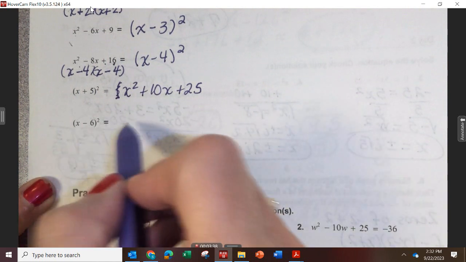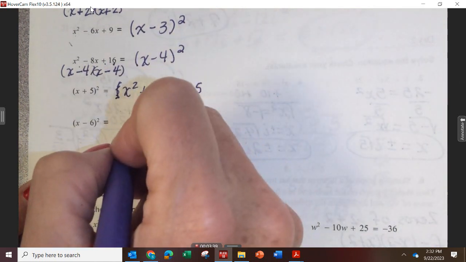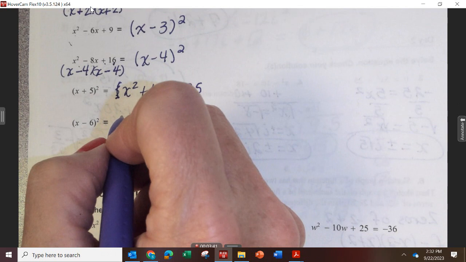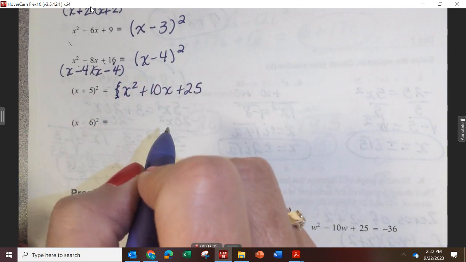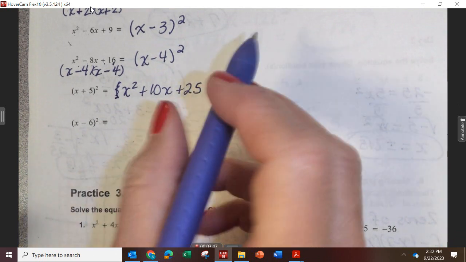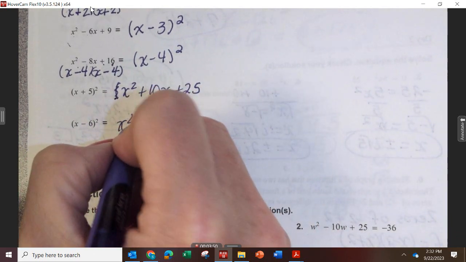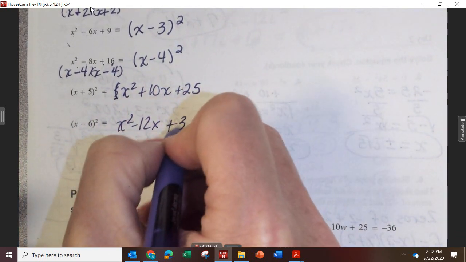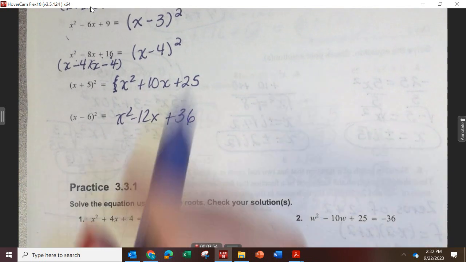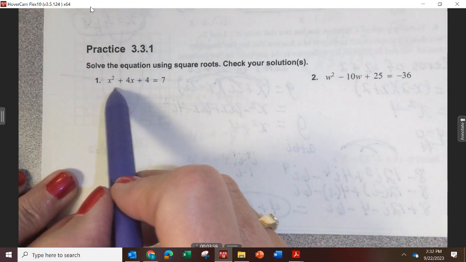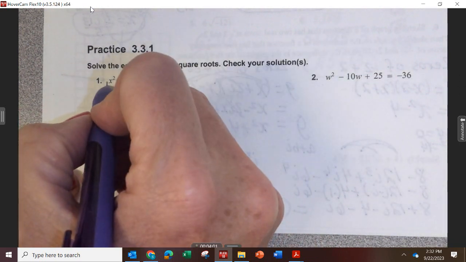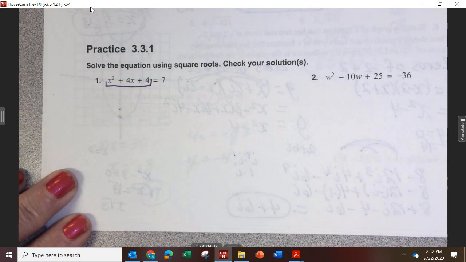Okay, everybody try this one. Think of what it would be. Anybody know? Natalie? Good. Okay, so now we're going to be using this when we're doing these kind of problems down here. So I can see that right here, this is one of those special perfect square trinomials.